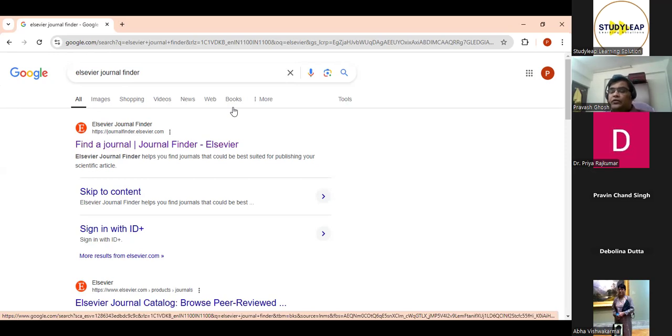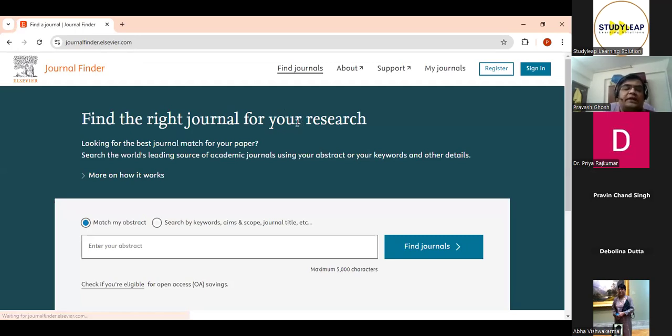I hope all of you know Elsevier is the publisher behind the Scopus database journals. So the Elsevier Journal Finder website is journalfinder.elsevier.com. Very simple, you can even remember this. Elsevier is the domain name and journalfinder. Let me click here. Okay. See this sort of screen. I hope my screen is visible: Find the right journal for your research.